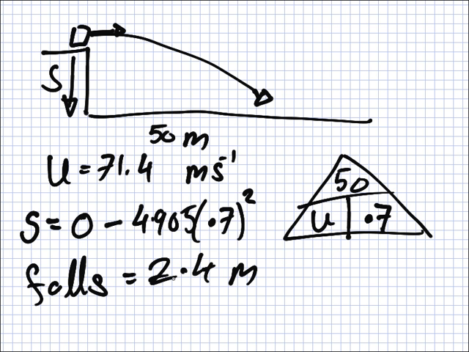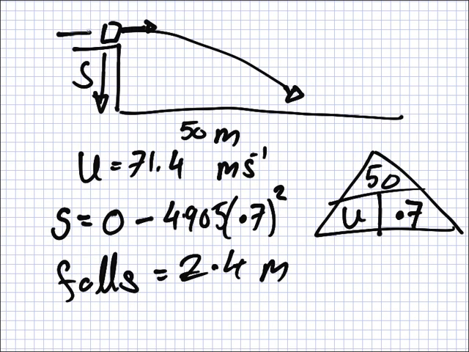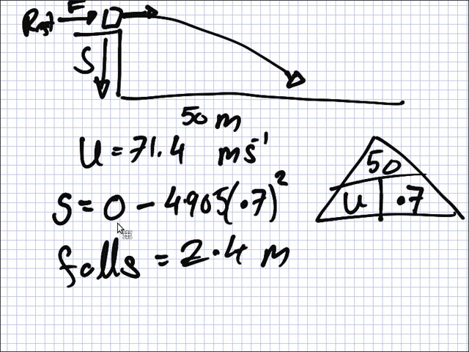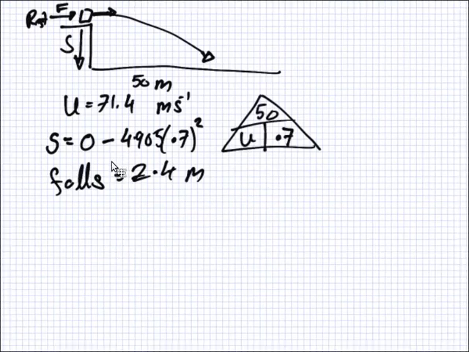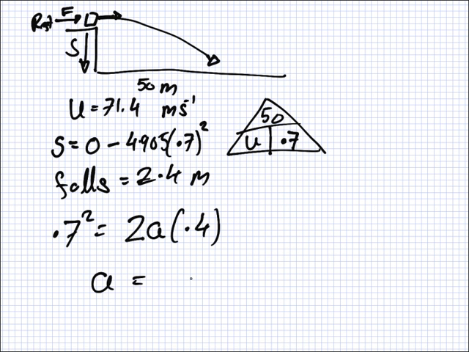Before the projectile is launched, it's accelerated. Calculate the acceleration. So what happens is someone gives it a little push to accelerate it from rest, and I want to calculate this acceleration. So we could say v squared equals u squared plus 2as.